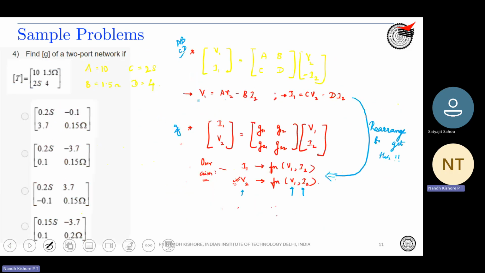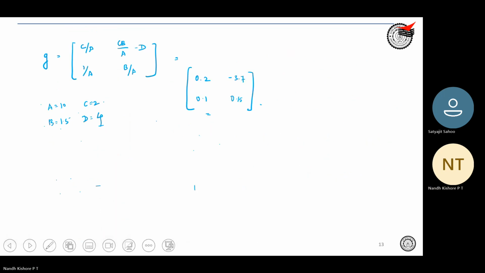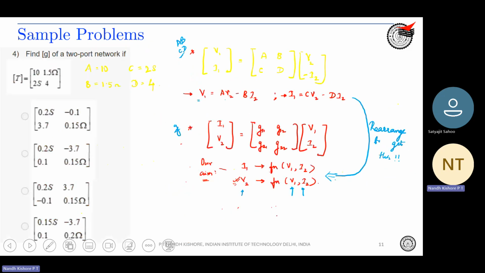Which means you are going to get 0.2, minus 3.7, 0.1. Yeah, answer B. Is this fine?